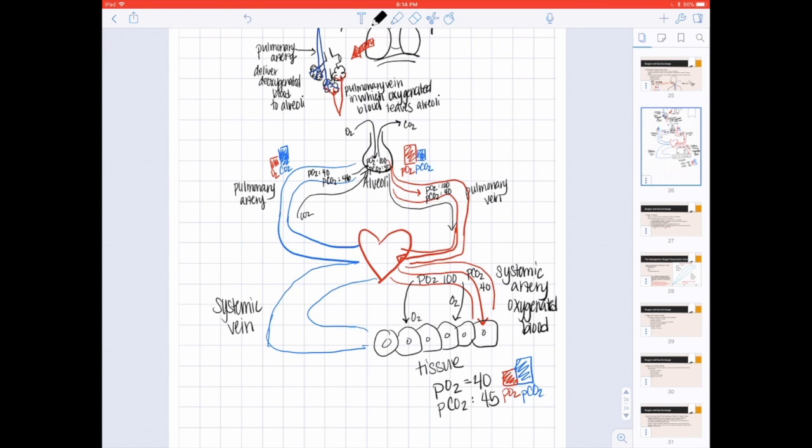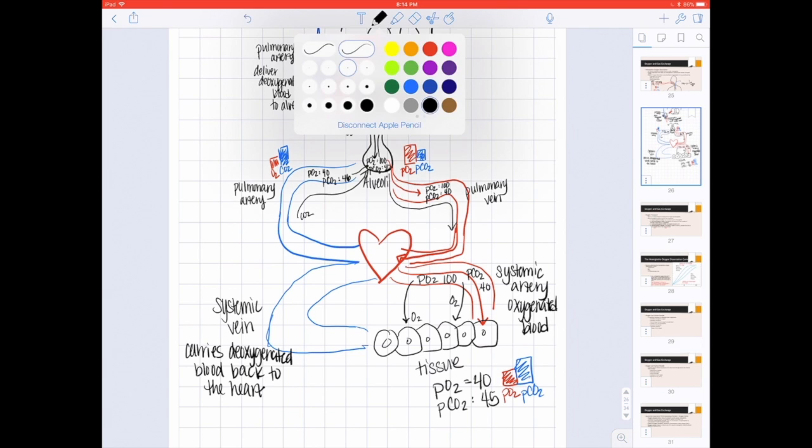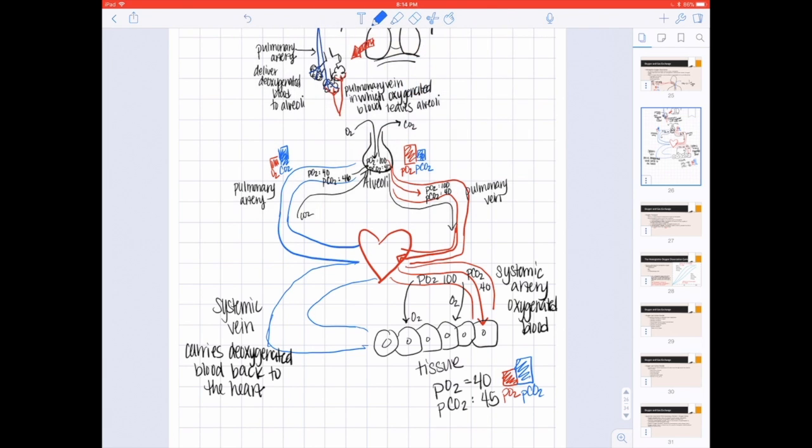And the systemic vein is what is going to carry deoxygenated blood back to, you guessed it, the heart. So it's going to take deoxygenated blood and take it back to the heart. Okay.